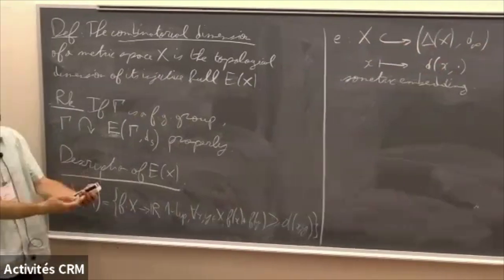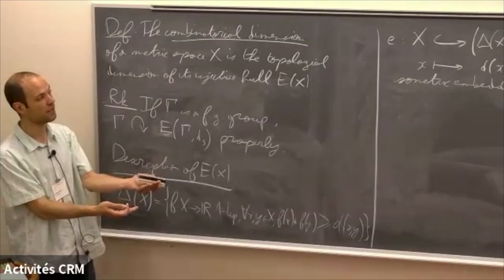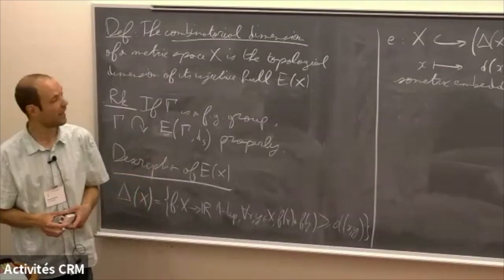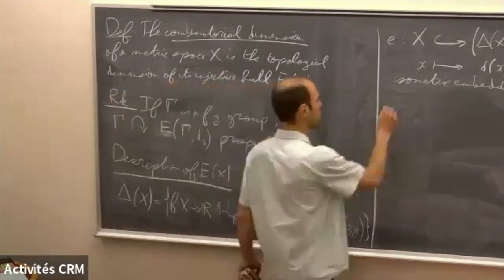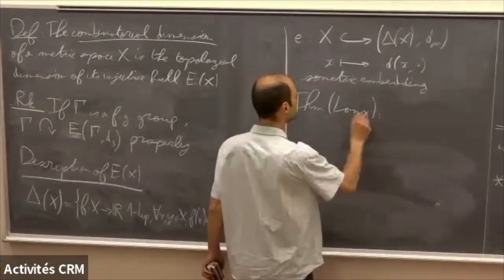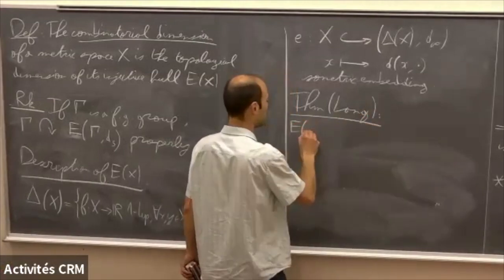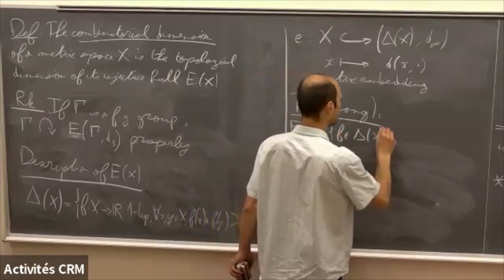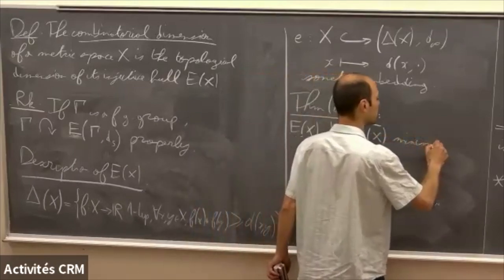That is the first step: we embed into an injective space, and inside this injective space, we try to find the minimal subspace containing X. And this is the result of Lang. It's an explicit description of this hull. The injective hull of X is the space of all f in Δ(X) which are minimal.